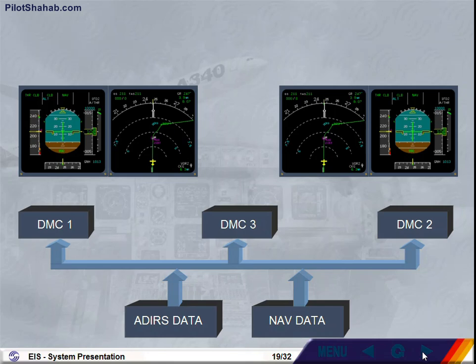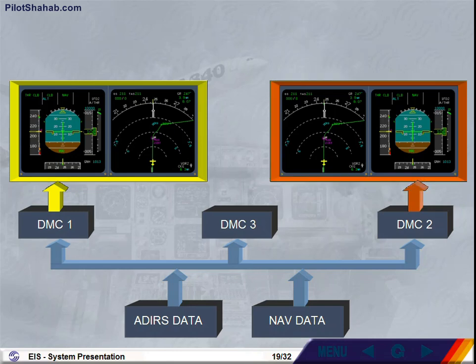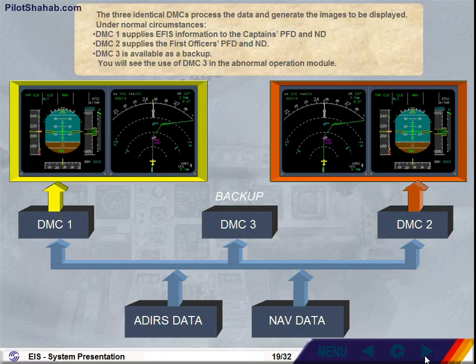Under normal circumstances, DMC-1 supplies EIS information to the captain's PFD and ND. DMC-2 supplies the first officer's PFD and ND. DMC-3 is available as a backup. You will see the use of DMC-3 in the Abnormal Operation module.